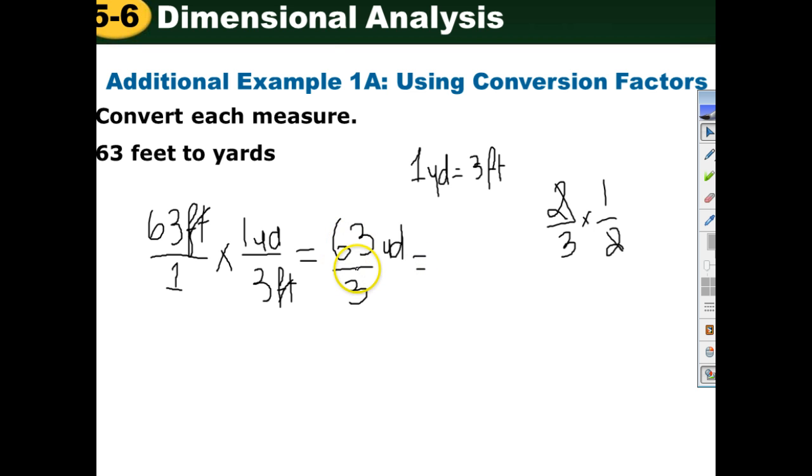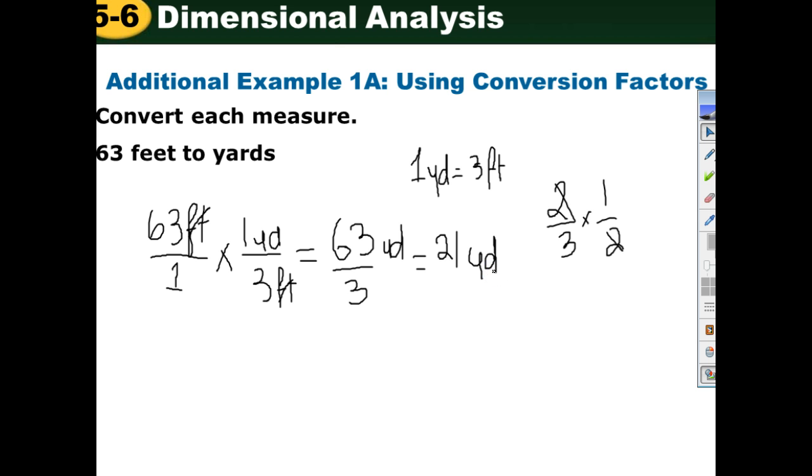And then from there, we just go ahead and simplify this. So if we go ahead and do 63 divided by 3, all right, we'll get 21. So that will be 21 yards.